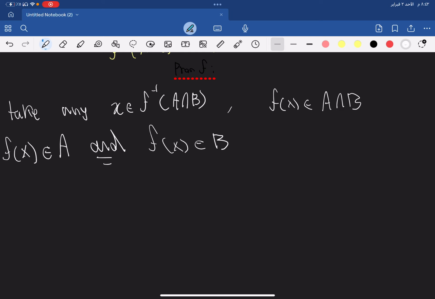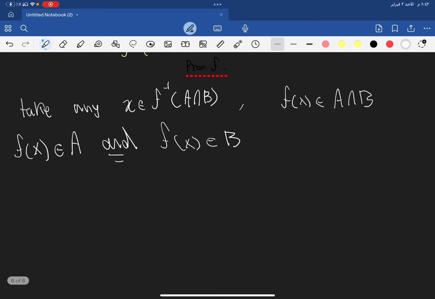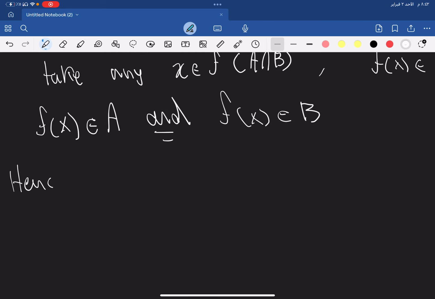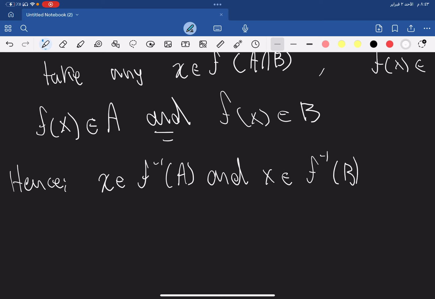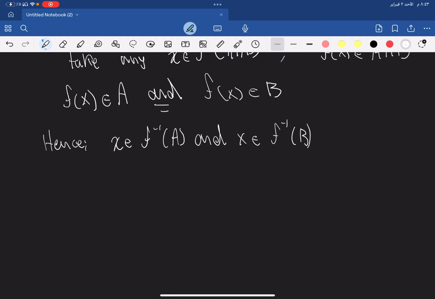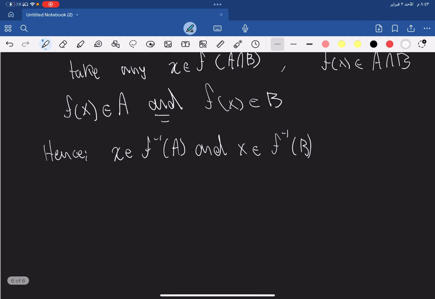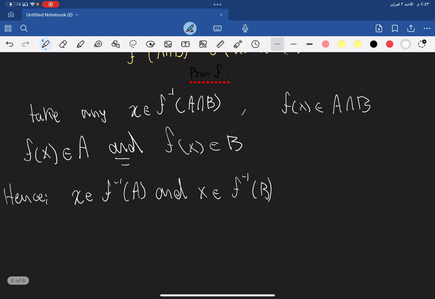So by the definition of intersection, f of x in A and f of x in B. So hence we can realize x in F inverse of A, and x is in F inverse B. Let's make it in this form.